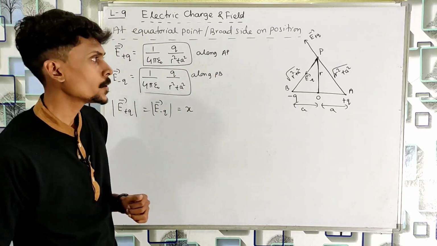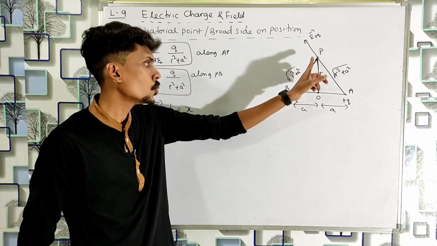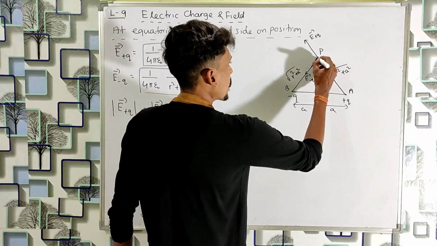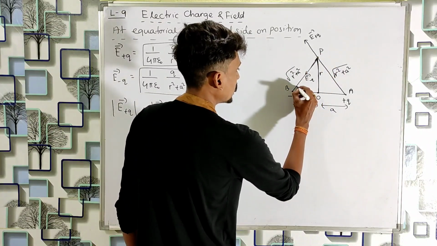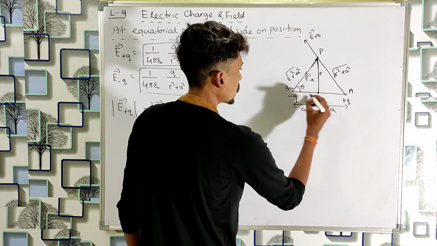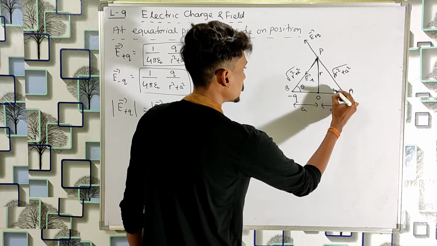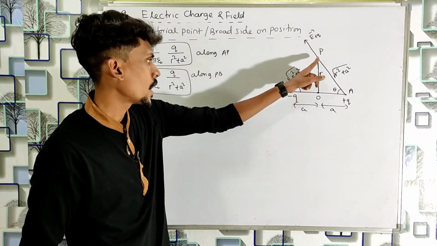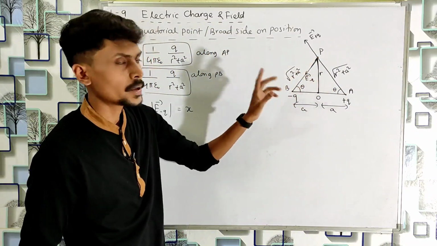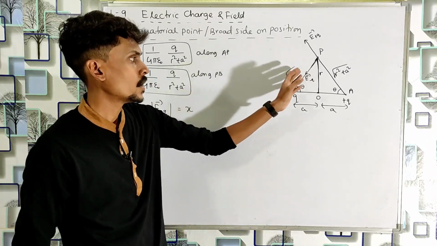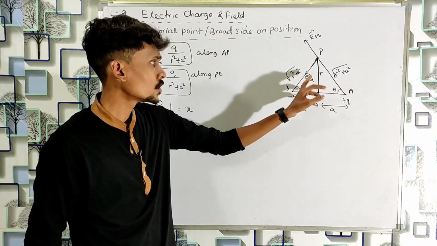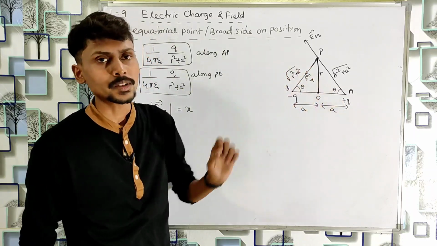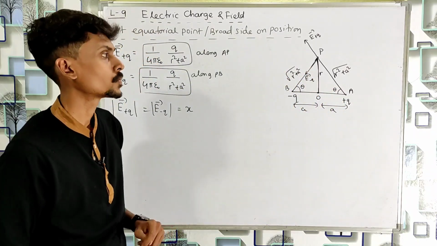And how to find it? We have to add the two electric fields vectorially. So imagine that this angle is theta and this angle is theta, because AP and BP have equal length, so the opposite angles will also be the same, theta and theta.